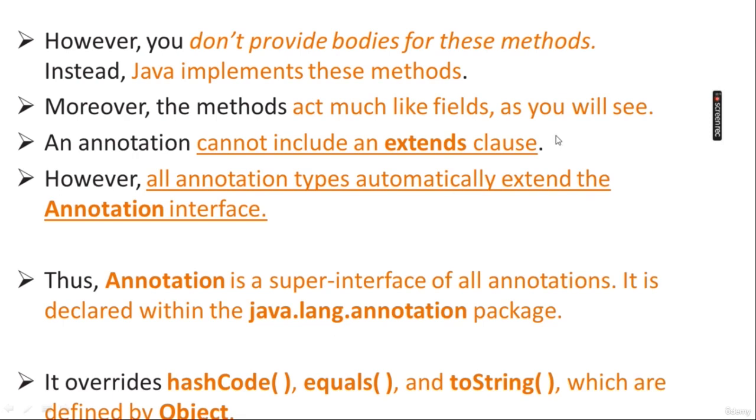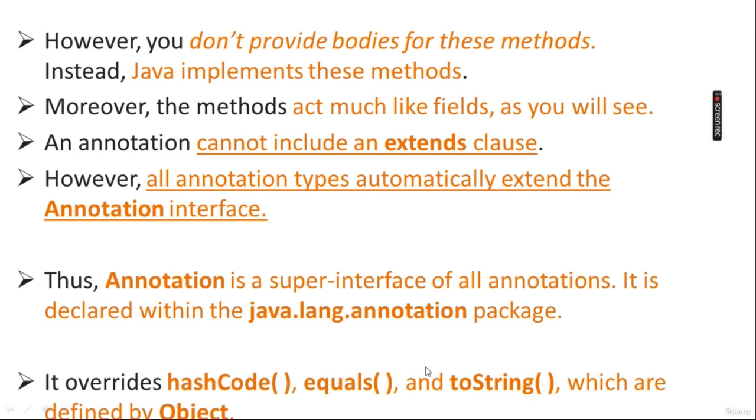So what is the rule? It cannot include the extends clause, but it automatically extends the Annotation interface. And this Annotation interface is the super interface of all annotations, and it is declared within the java.lang.annotation package. It will override three methods: the hashCode method, equals method, and toString method.